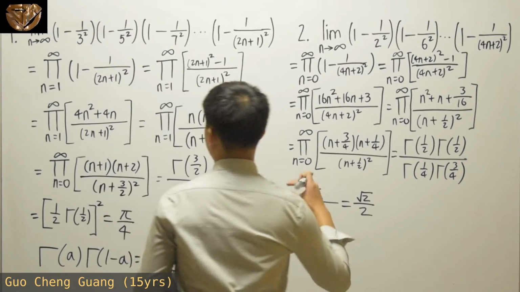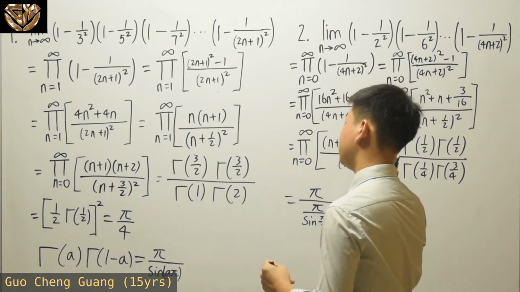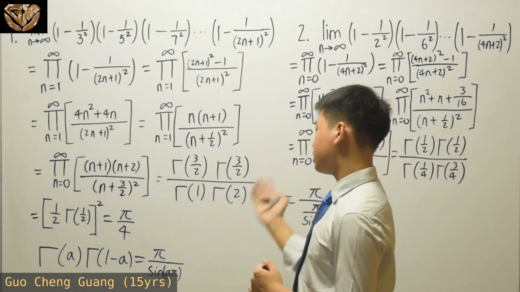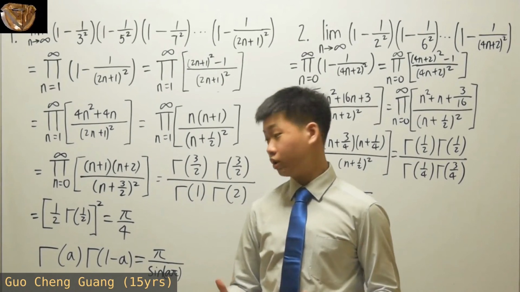So in these two examples, we have used two important formulas, and one of them would be specifically called the Wallace product.